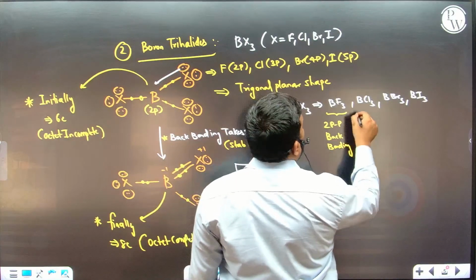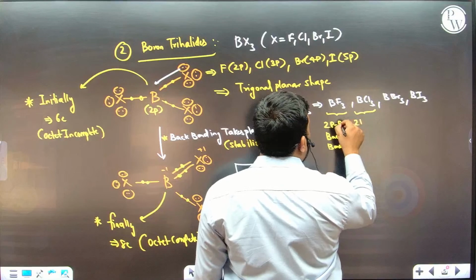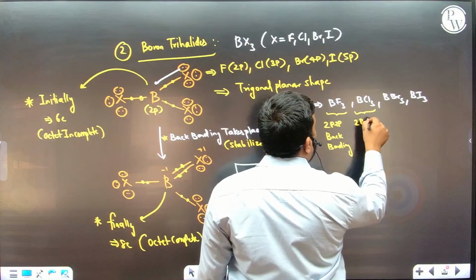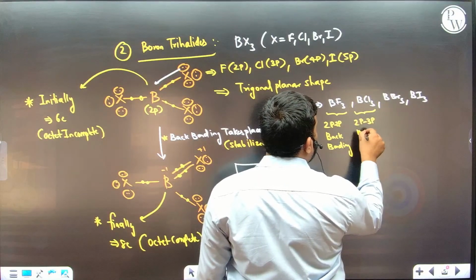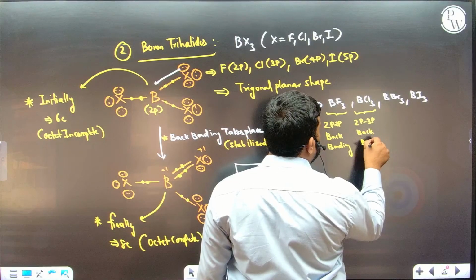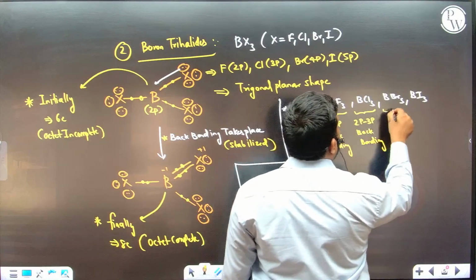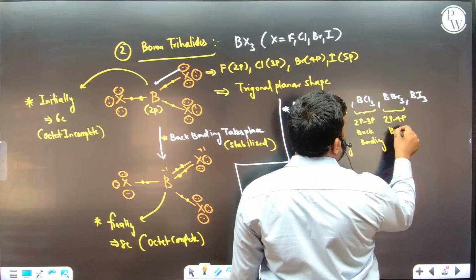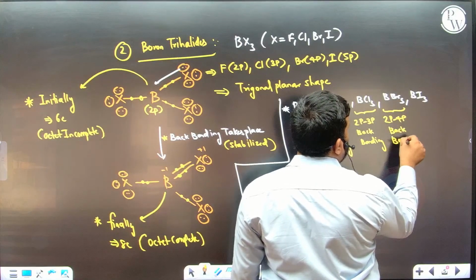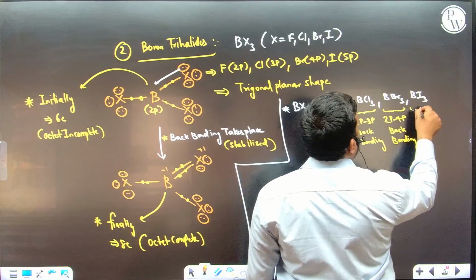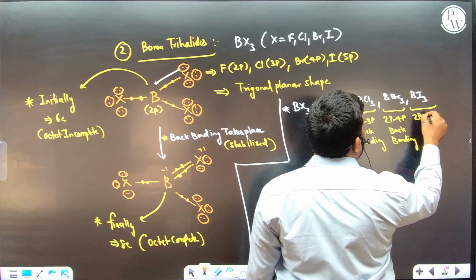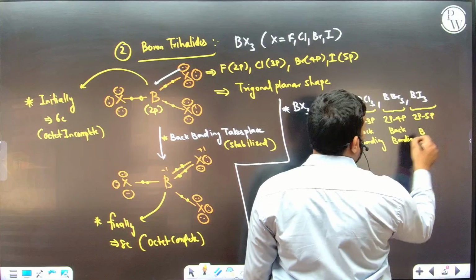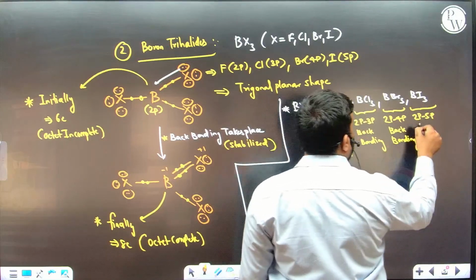In the case of BCl3, it will be 2p-3p back bonding. In the case of BBr3, it will be 2p-4p back bonding. And in the case of BI3, it will be 2p-5p back bonding.